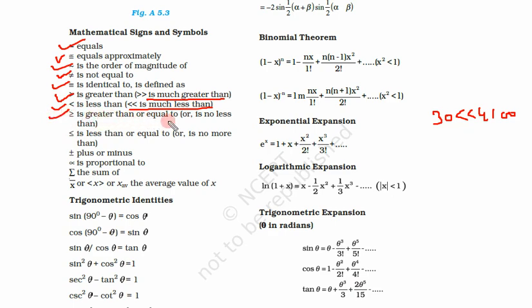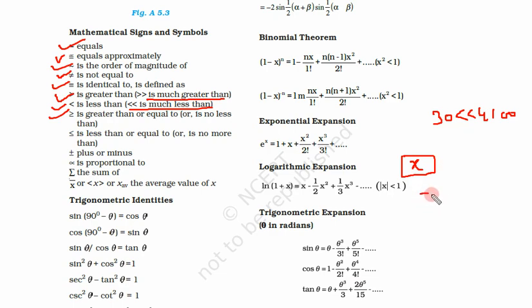Is greater than or equal to, or is no less than. So when do we use this symbol? Suppose we have a box, it has weight x, and we know the weight of the box can be more than 2 kilogram but not less than 2 kilogram.